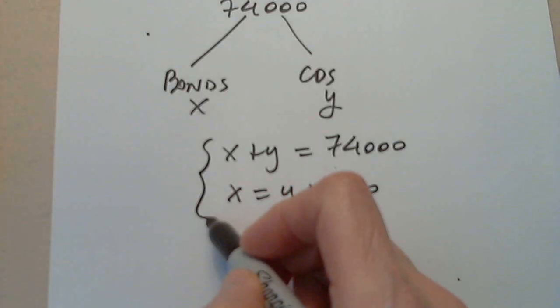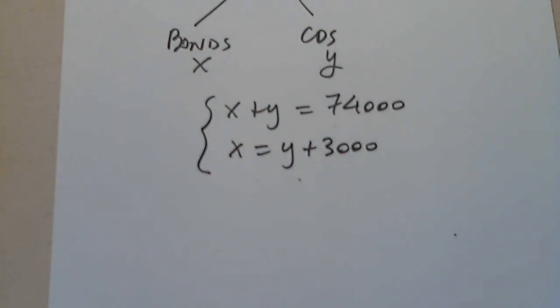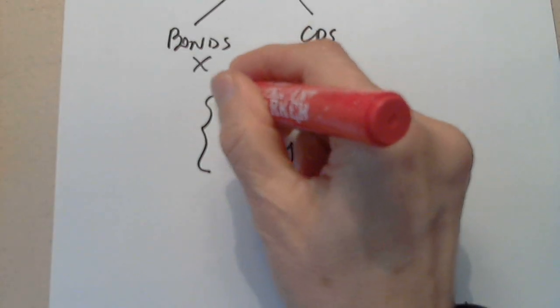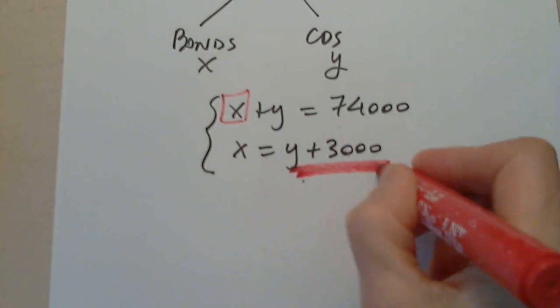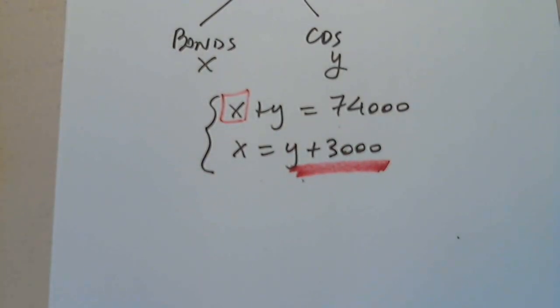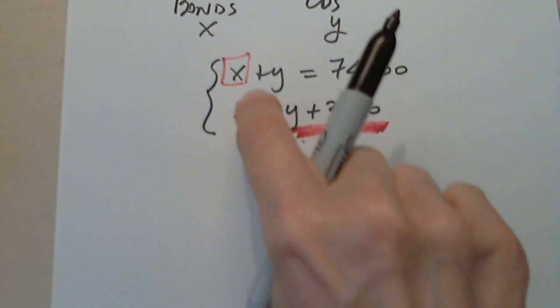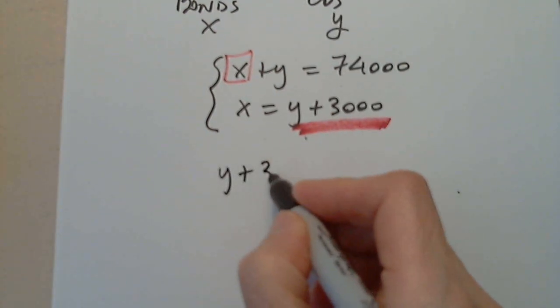This is again something called a system, and again we are using substitution or replacement. What am I replacing? I'm replacing X in the first equation by this, because I am told they are the same. Otherwise, I wouldn't dare. So I replace X by Y plus 3,000.